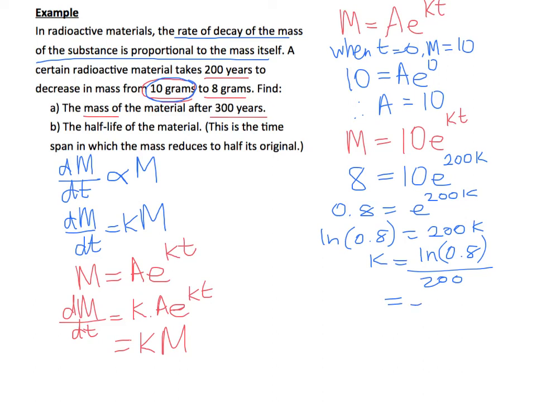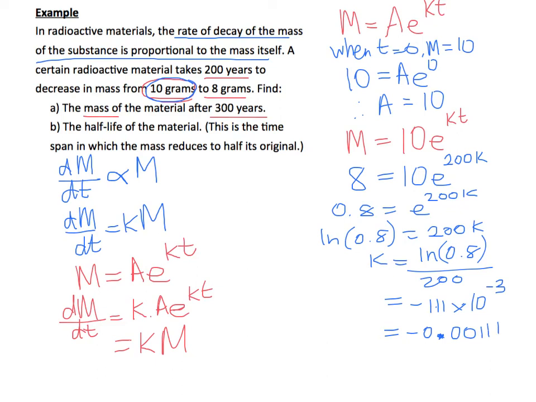which is negative 1.11 times 10 to the power of negative 3, which is the same as negative 0. That's scientific notation that your calculator's showing you. So remember, going from scientific notation to normal numbers, 0.00111.